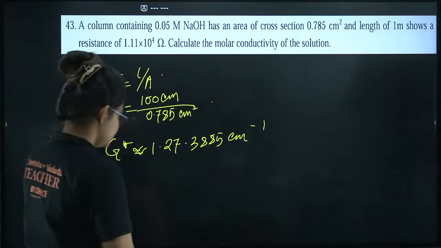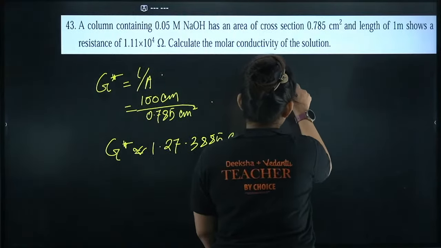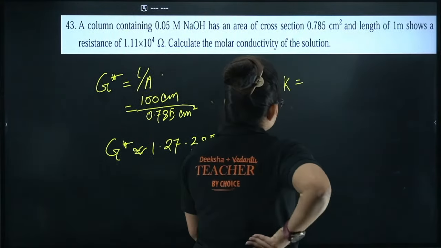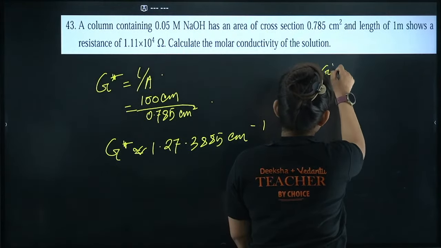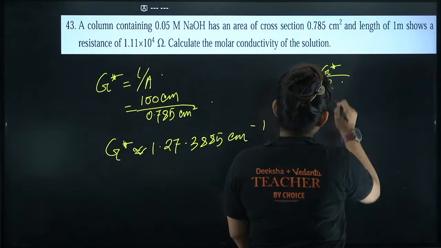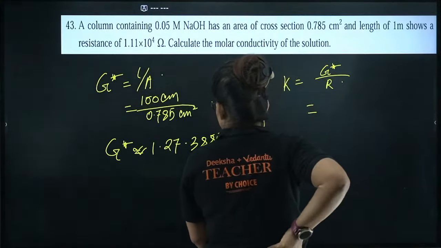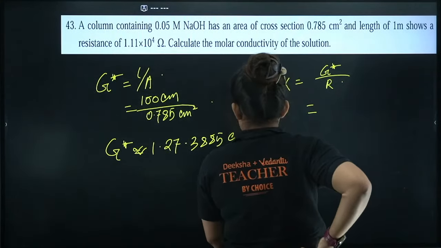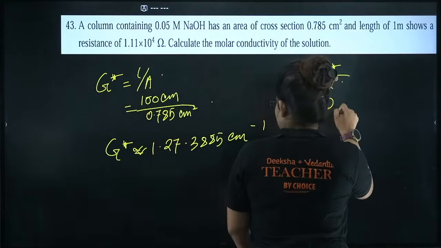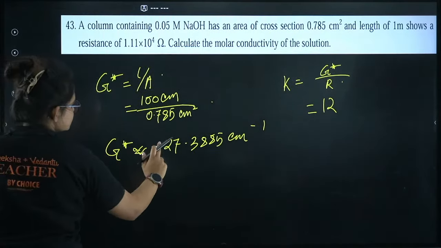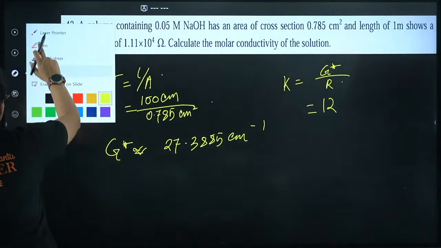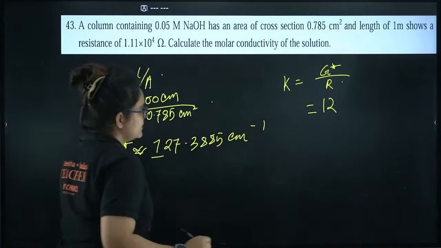Now using the G star, we can calculate the kappa. Okay, so kappa is basically conductivity. Kappa is G star by R, right? So from here, if I put the value of G star, that is 127. Okay, this is not 1.27, sorry. This is 127.